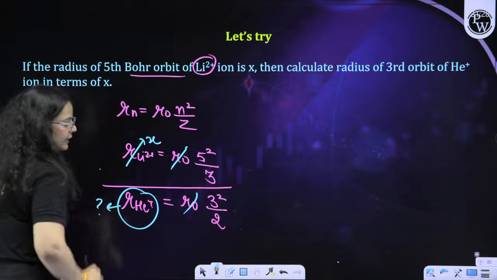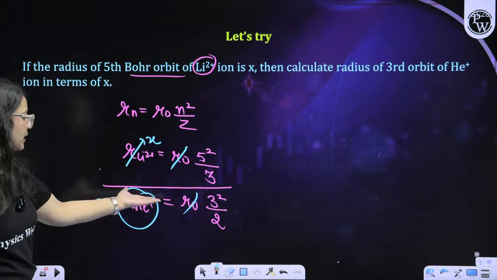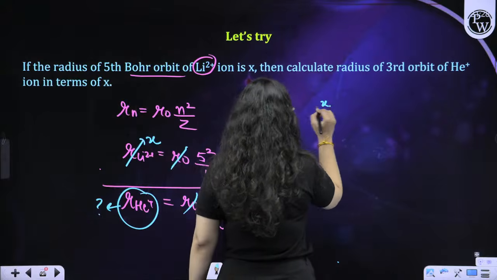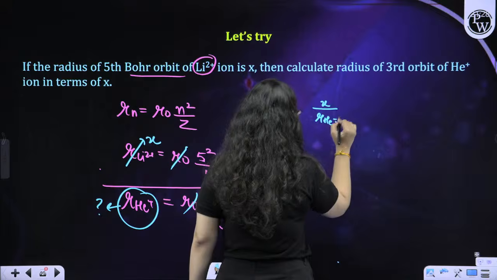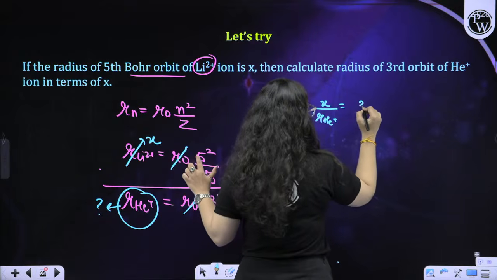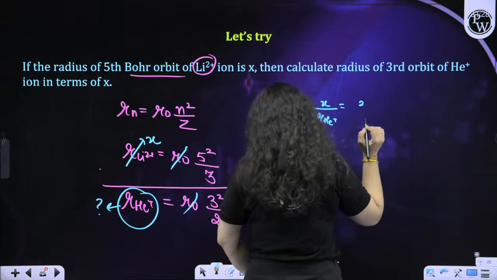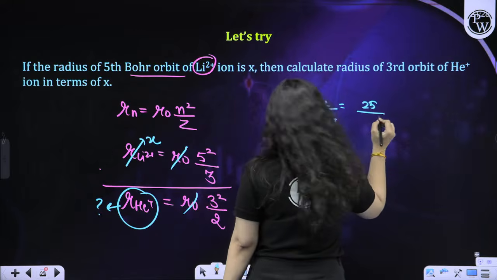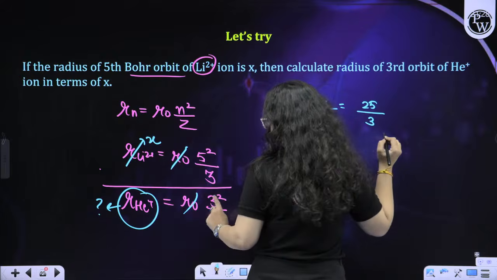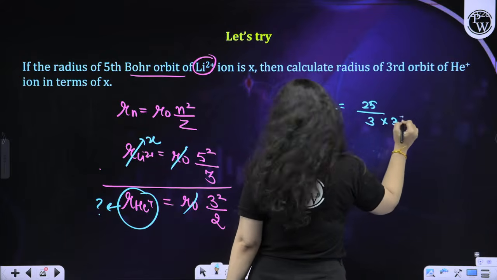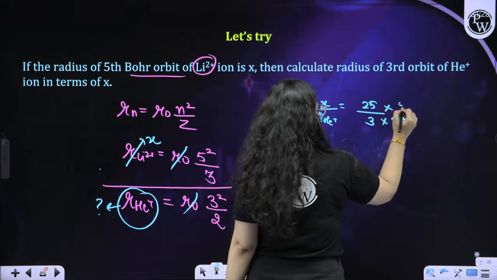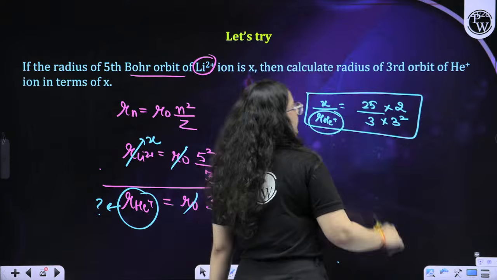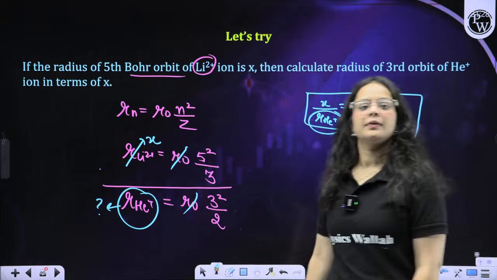Substituting the values, you get x upon radius of helium positive, which comes out to be 5 square, means 25, divided by 3, and over here 3 square divided by 2. Solve it all out and you get the radius of helium in terms of x. Right?